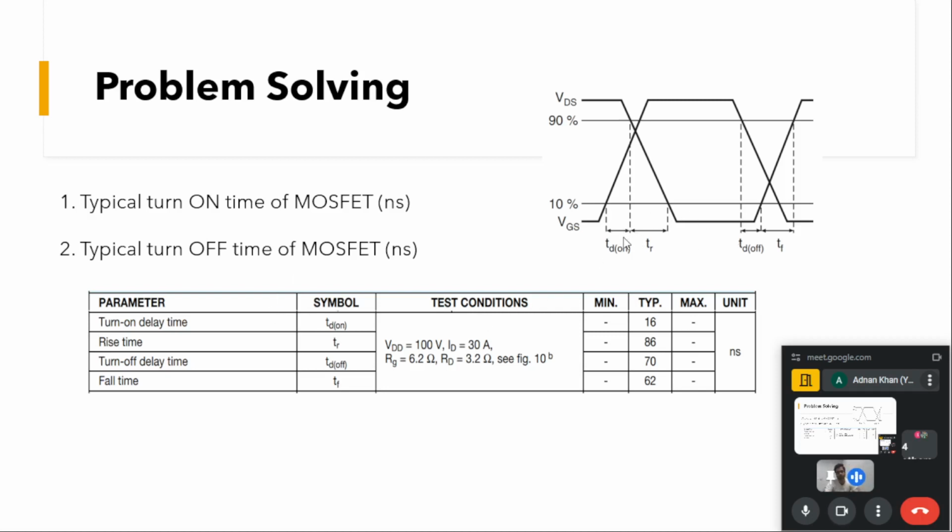So the turn on time will be equal to TD on plus TR, the rise time, and the turn off time will be equal to TD off, the turn off delay time, plus the fall time.